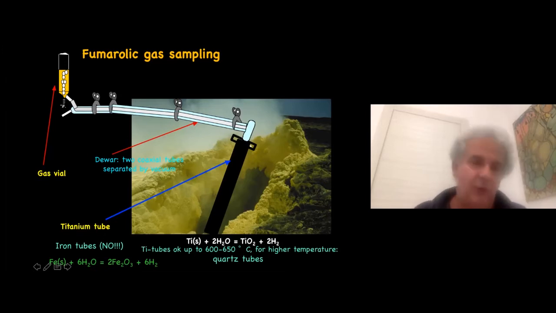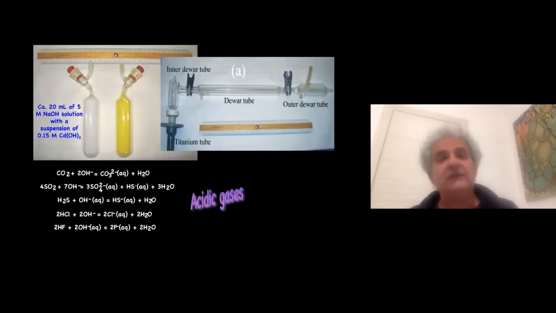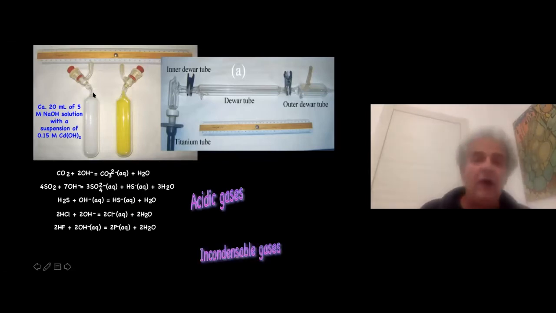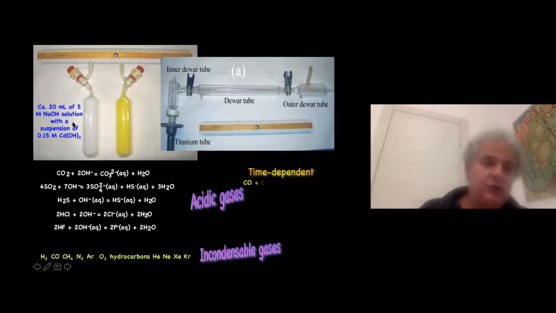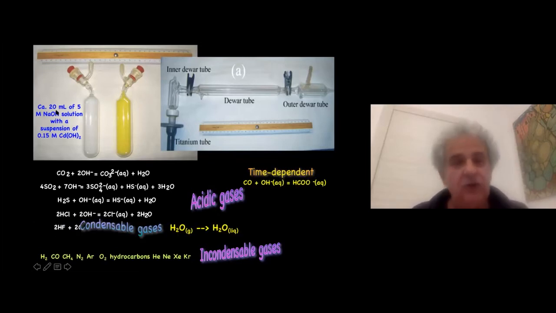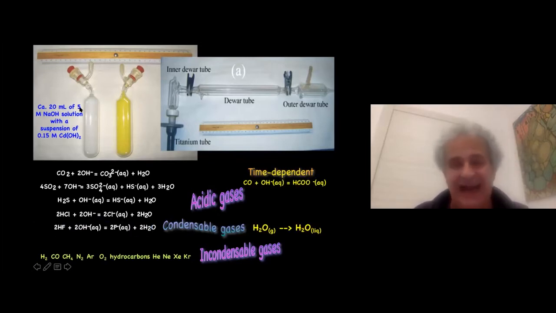It's an important gas vial because it's a one-way gas vial, where in the laboratory we add about 20 mL of a very alkaline solution, 5 molar sodium hydroxide, to which we add a suspension of 0.15 molar cadmium hydroxide.